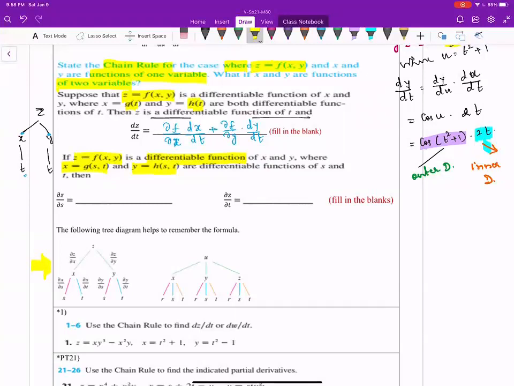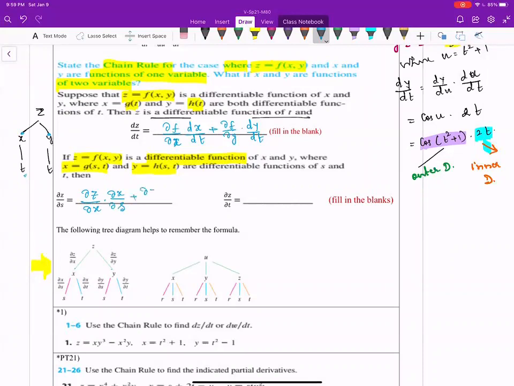If you look at the left side of the branch, dou z by dou s, the partial derivative of z with respect to s, would become: z is a function of x and y, so you partially differentiate z with respect to x, and then x partially with respect to s.